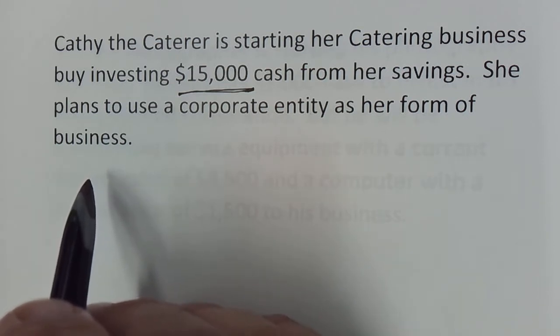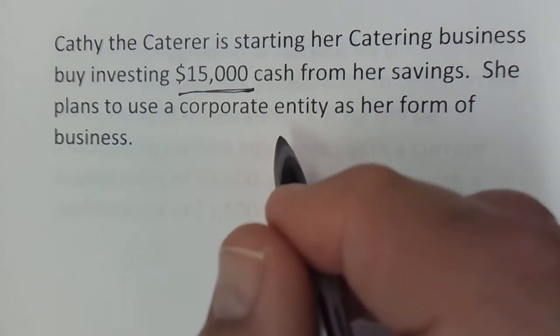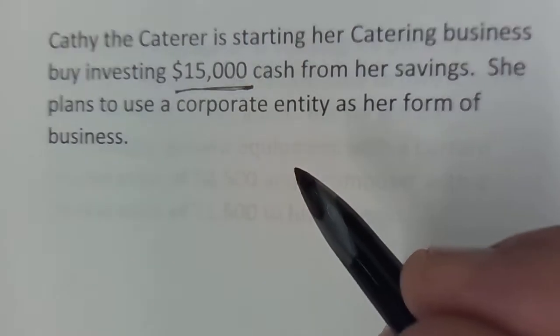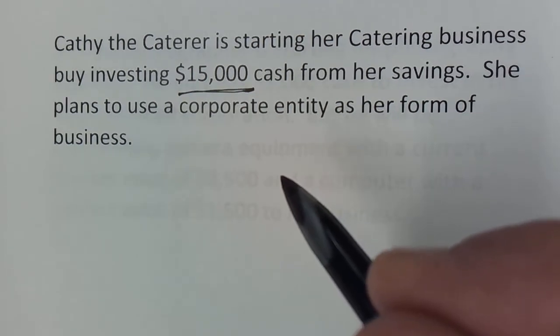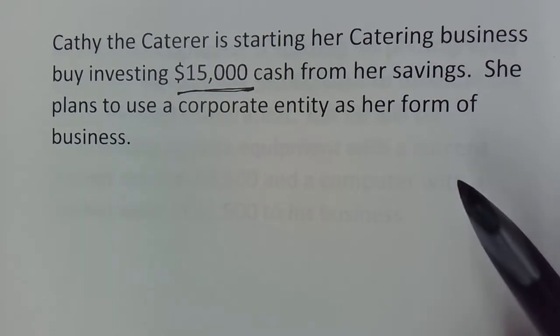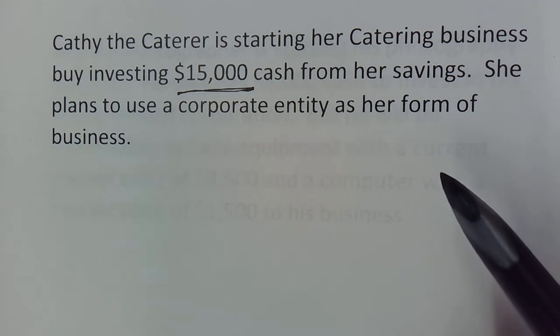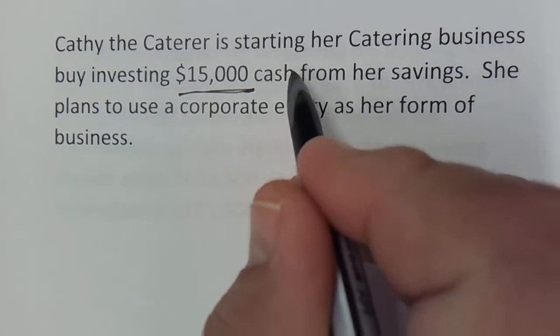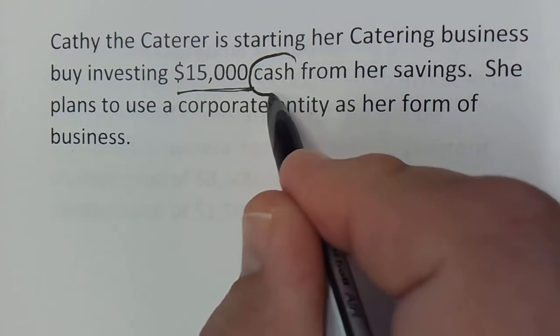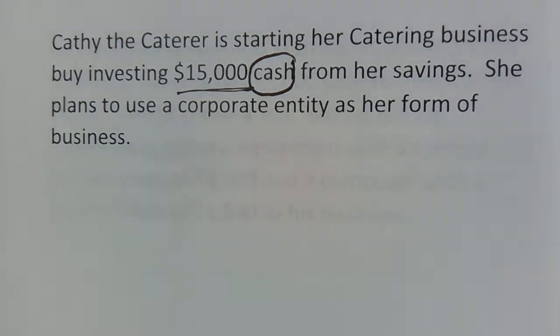So we're going to use that as our basis, but the accounting would be similar if it's going to be a partnership, an LLC, some other entity like that. But in this case, we'll use a corporate entity. And the first thing to note is there's $15,000 cash coming from her, Kathy being the initial investor, the owner.